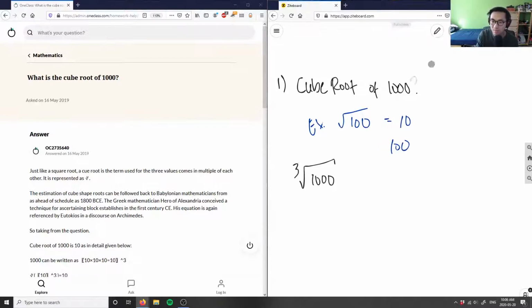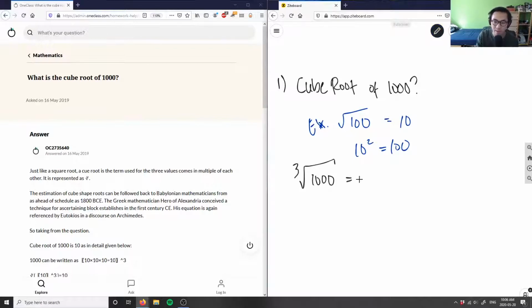Similarly, when we talk about a cube root, we're talking about three of the same number multiplied together to get the number inside the root.